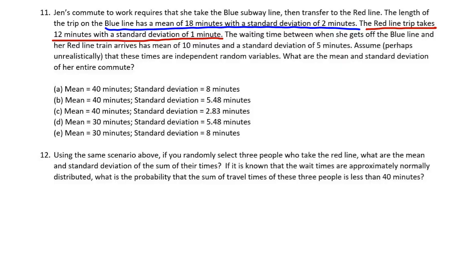The waiting time between when she gets off the blue line and her red line train has a mean of 10 minutes and a standard deviation of 5 minutes. Assume, perhaps unrealistically, that these times are independent random variables. What are the mean and standard deviation of her entire commute?